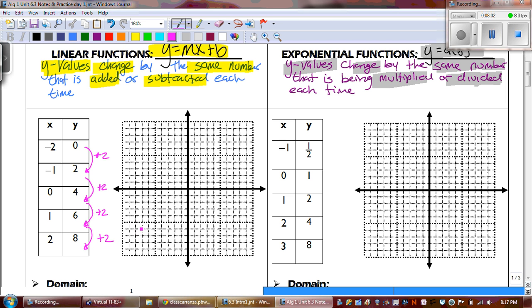And it increased by 2. Okay? So when we graph this equation, you can graph it right now too. We're starting at (-2, 0), (0, 2)... Okay, we get to see what our equation looks like.